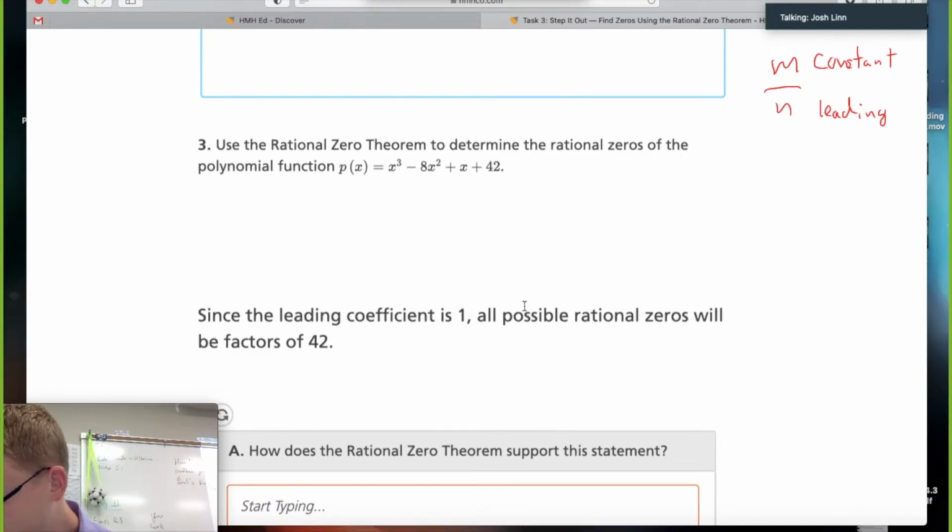That means that all possible rational zeros must be factors of 42. So we can really focus on this number at this point.